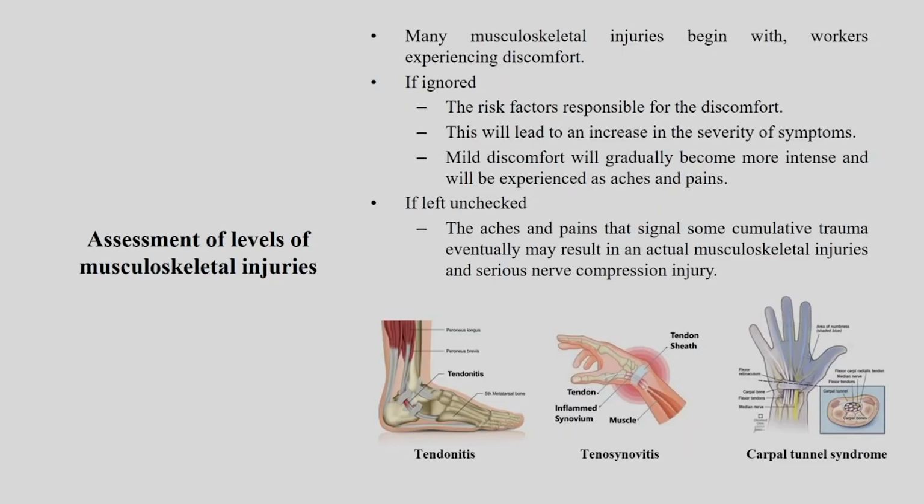So for the assessment of the level of musculoskeletal injury, we will mainly be talking about musculoskeletal health and how we assess it. Many musculoskeletal injuries begin with the workers experiencing discomfort.